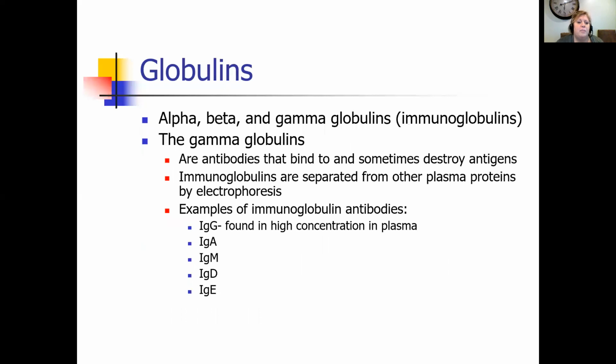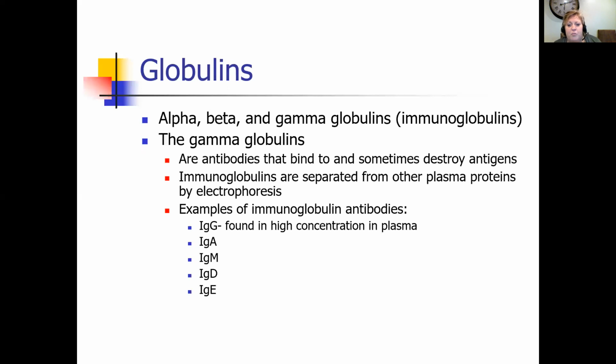Globulins. We have alpha, beta, and gamma globulins. These are all types of immunoglobulins. The gamma globulins specifically are antibodies that bind to and sometimes destroy antigens, and antigens are the pathogens.